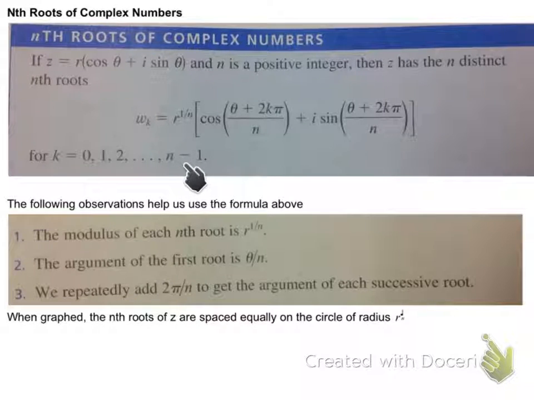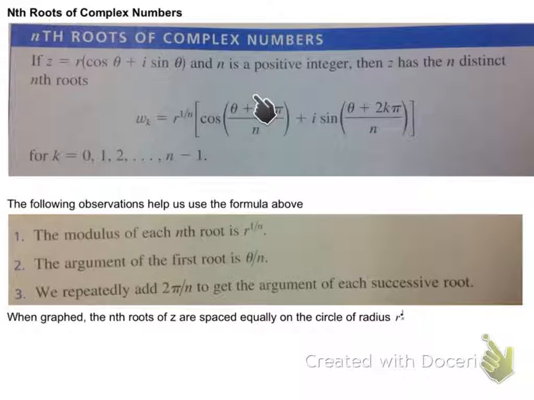Okay? So, here's some observations, guys. The modulus of this thing is the nth root of r. The argument of the first root is theta over n. Notice if I put 0 in for k, it's gone. It's theta over n.